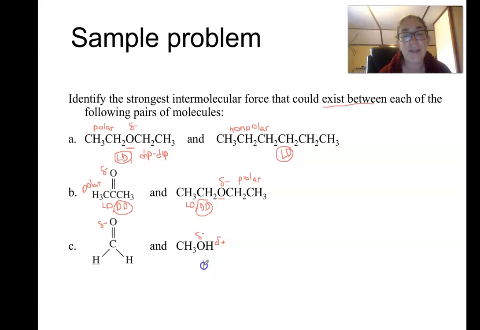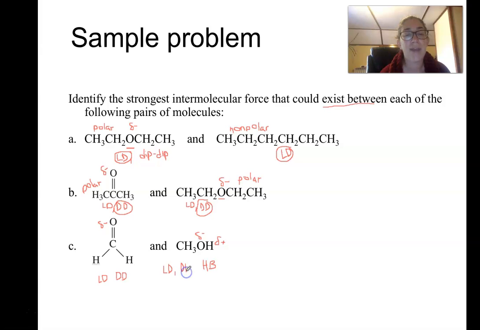So this one, the strongest force it has capability of is hydrogen bonding, and this one's strongest force is dipole-dipole. London dispersion is true of both of them, and dipole-dipole.